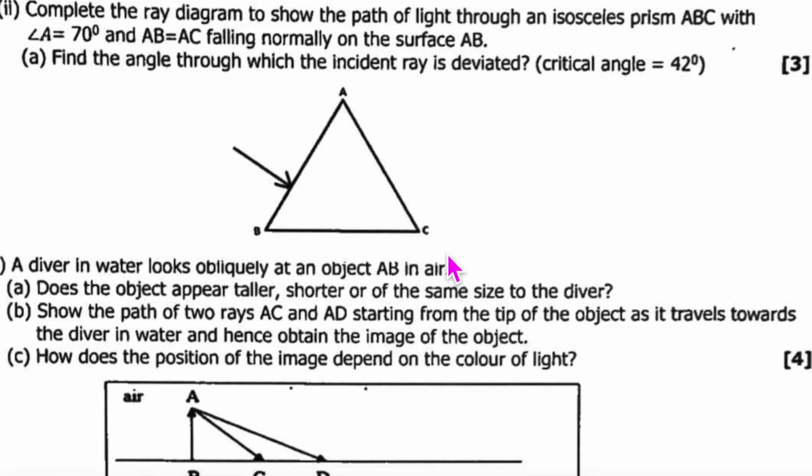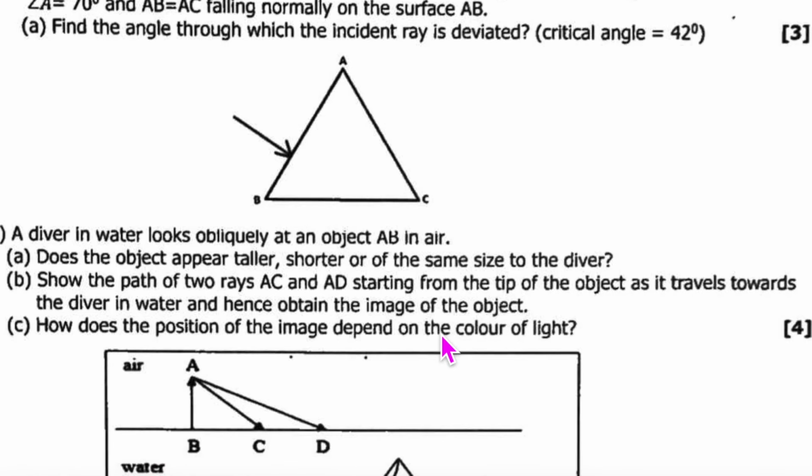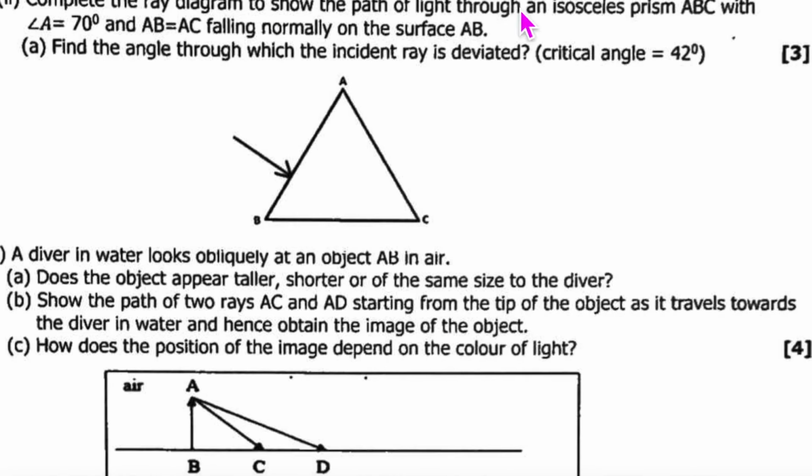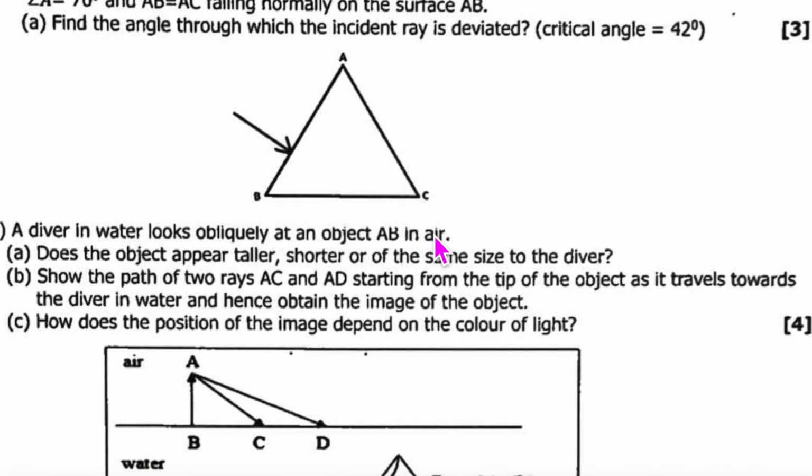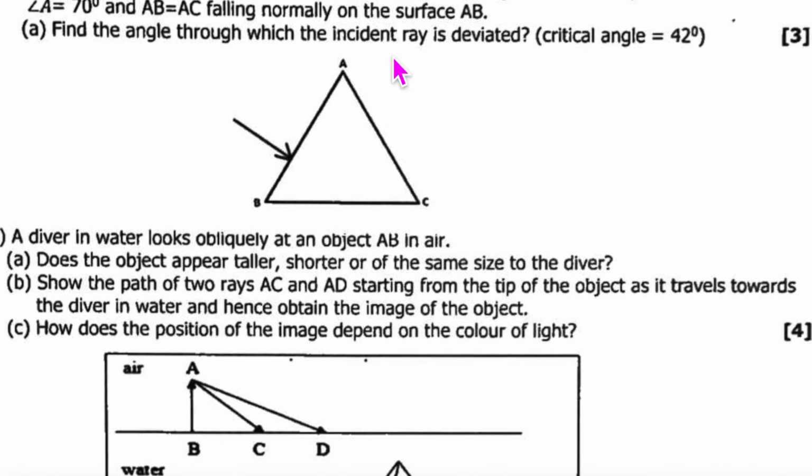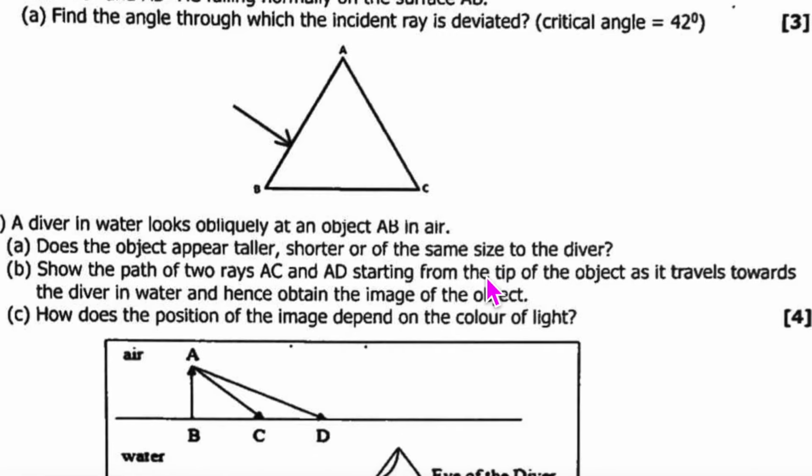Okay. Now, the next one, draw the diagram. Complete the ray diagram to show the path of light, and you have to find out the angle through which the ray is deviated.